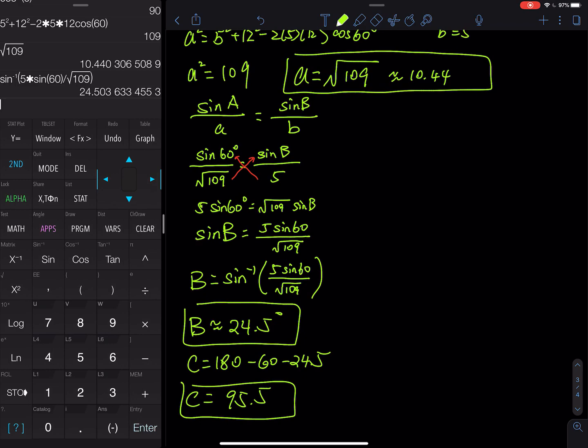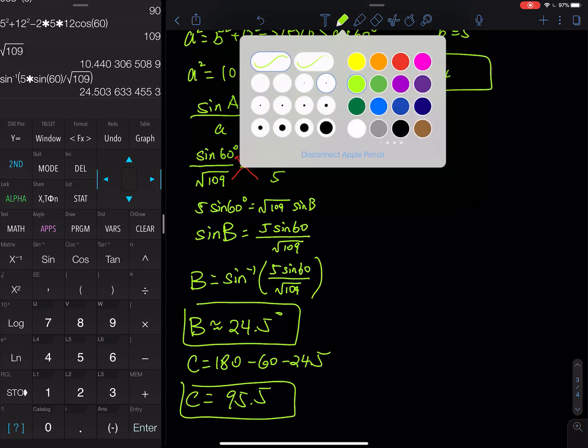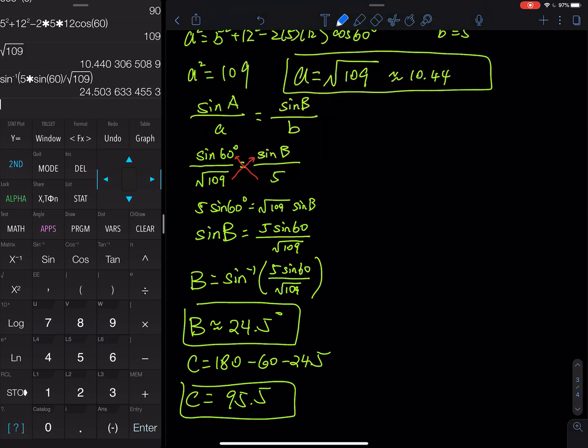Now, how do you know that there is a second triangle? So to answer this question, let's switch color. To find a second triangle, I have to use the 24.5. One thing that I want to remind you is I want you to look at your unit circle. We have two angle measurements. The first one is pi over 6, so that is 30 degrees, right?